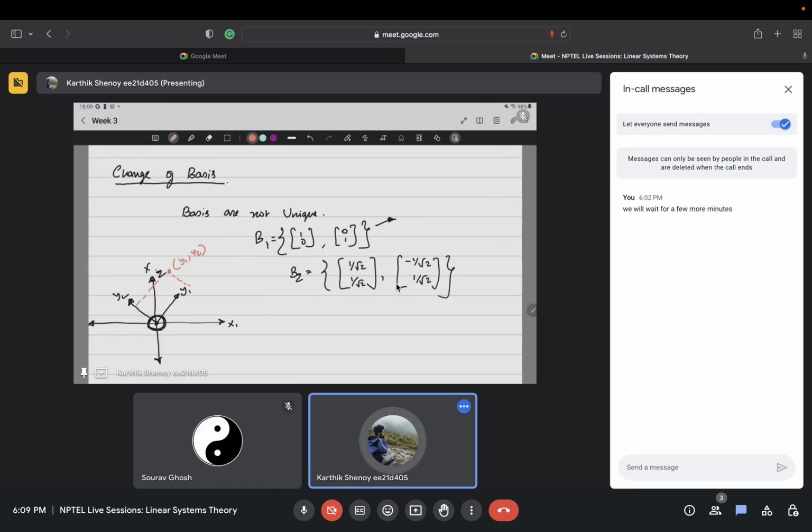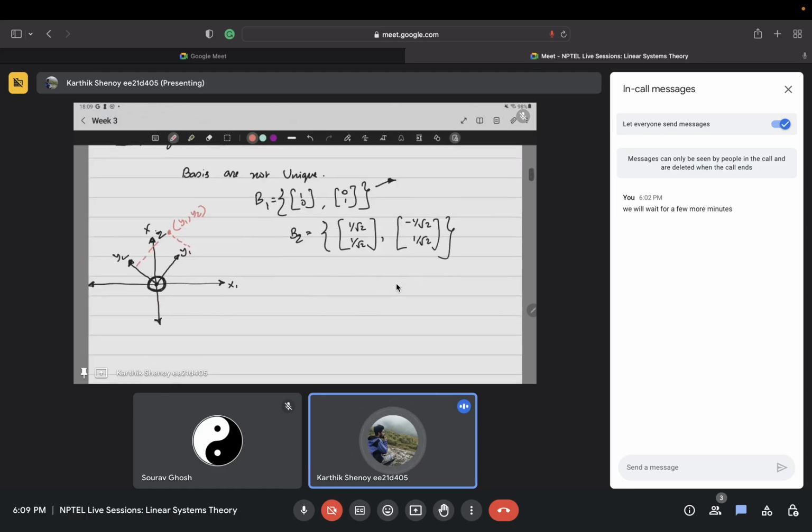I want to know how the object is with respect to x1 x2. I know that wherever the object is, its absolute position is the same. Absolute position in the sense B1 x equals B2 y, correct.